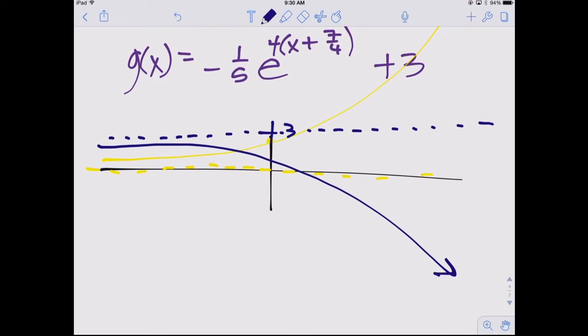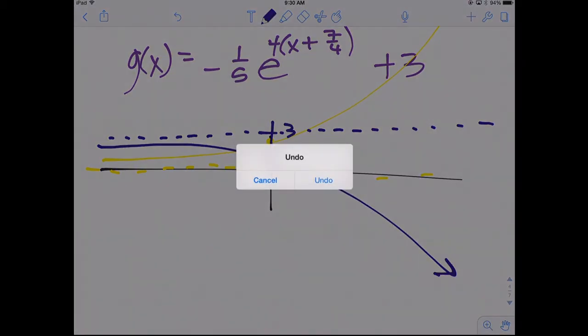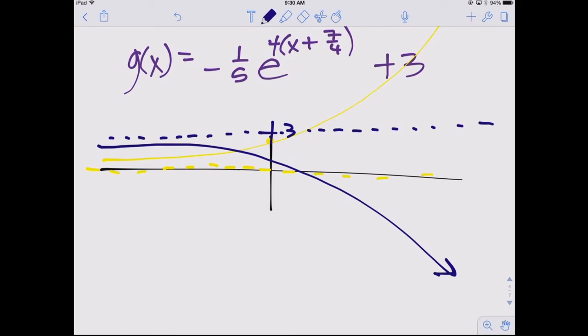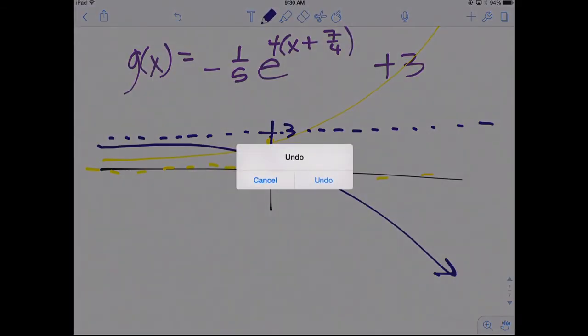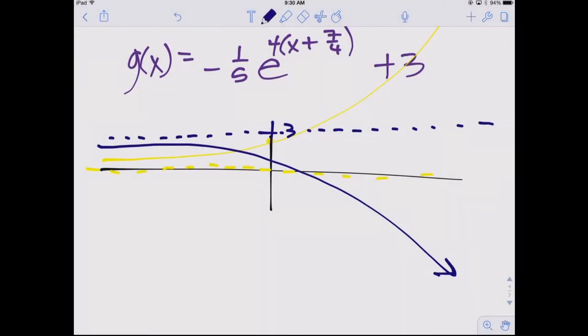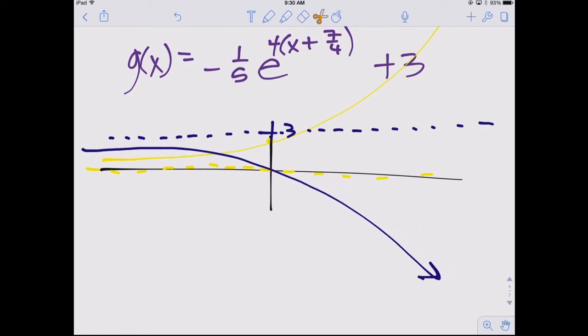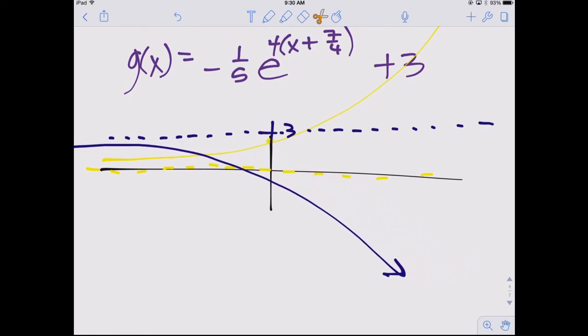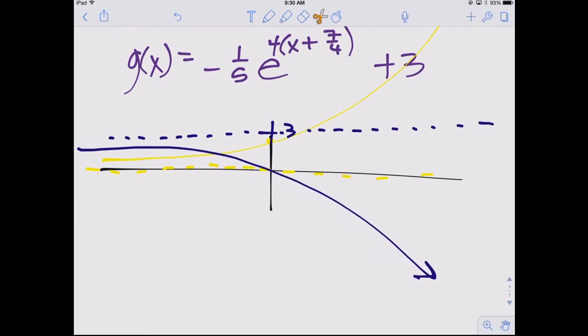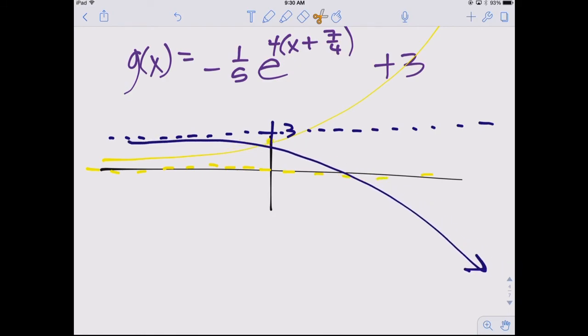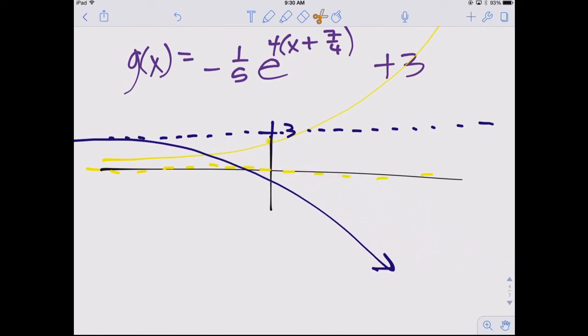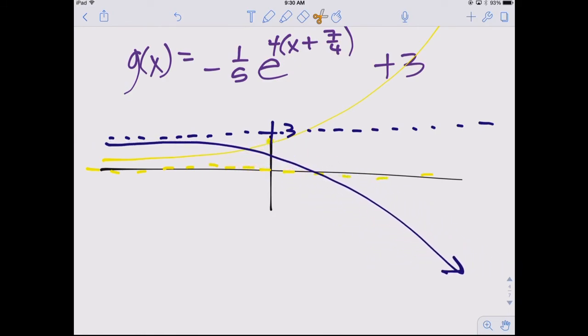Now, before you walk away from the graph, notice I have it crossing the y-axis in positive land. It could be that it was shifted enough to the left, because we did shift it left, right? That if I shift it left enough, it's going to cross in negative land. So you can just slide it left to right. Does it cross at 0? Does it cross the y-axis in negative land, or is it in positive land?